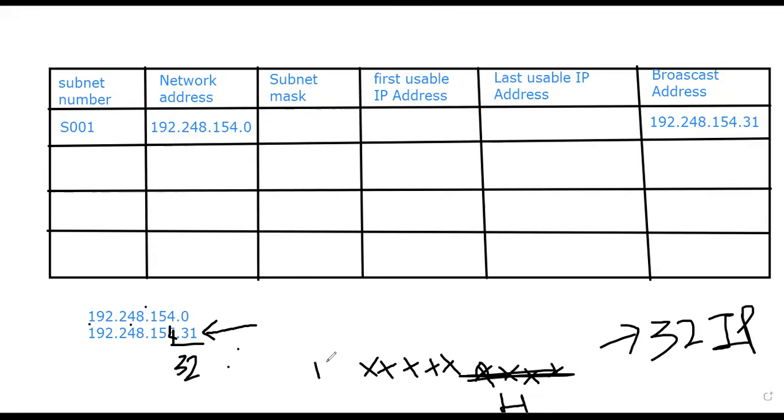So 3 net bits were there, so here it's going to be 224. How? 1, 2, 4, 8, 16. So here 32, here 64, and 128. That means when you convert 11000000 to decimal, you will be getting the answer as how much?